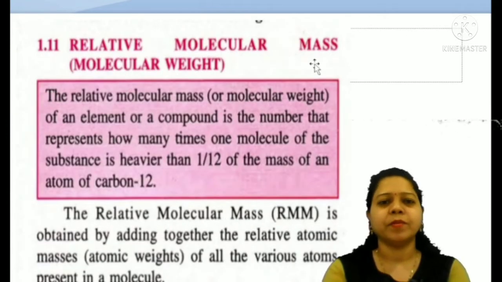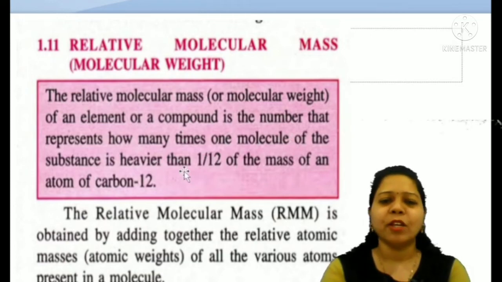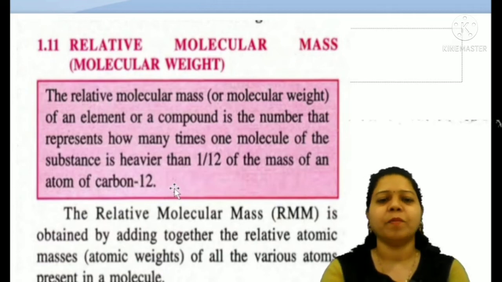Relative molecular mass, for which we use the abbreviation RMM. The relative molecular mass or molecular weight of an element or a compound is a number that represents how many times one molecule of the substance is heavier than 1/12 of the mass of an atom of carbon 12.